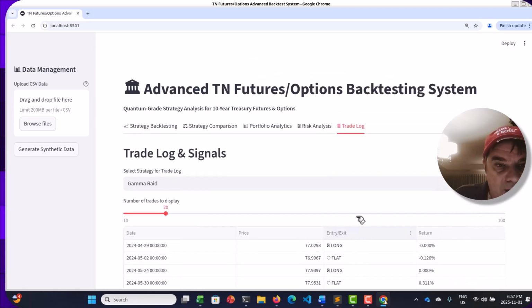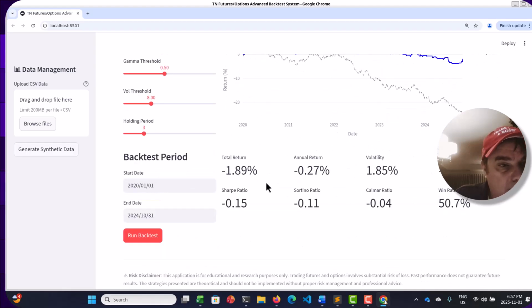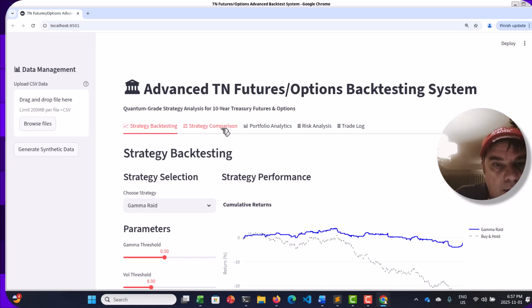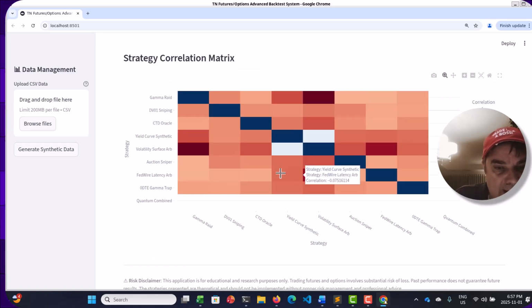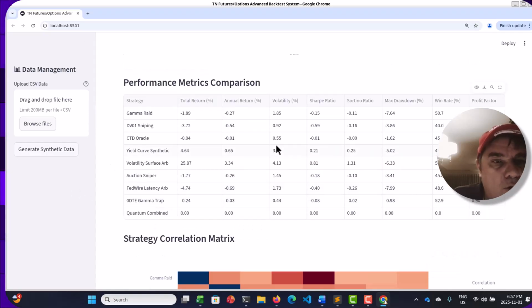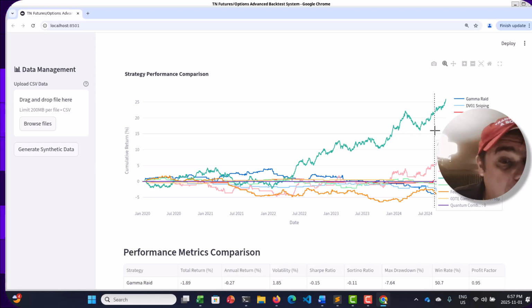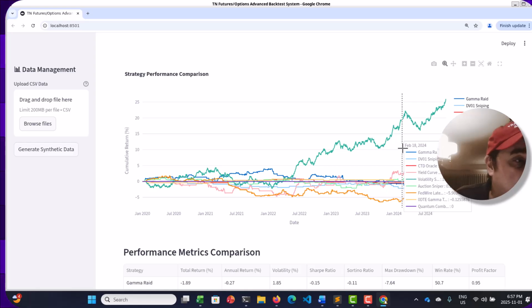Okay, so let's see if we can get our strategy defined. Looks like I can't find that. Okay, so if you want to know what this strategy involves, all I can say is watch that video I mentioned earlier on the TN. This is a good strategy to go with.